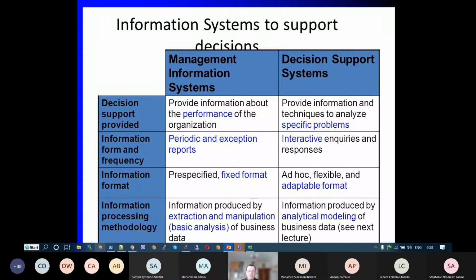Management information systems are most of the time concentrated on fixed data formats, whereas a decision support system has to be able to support flexible, adaptable formats, even analyzing free text and natural language. There is also a little difference in the methodologies available. MIS is concentrated on extraction, manipulation, and basic analysis of business data, while with decision support systems we are talking about analytical modeling.